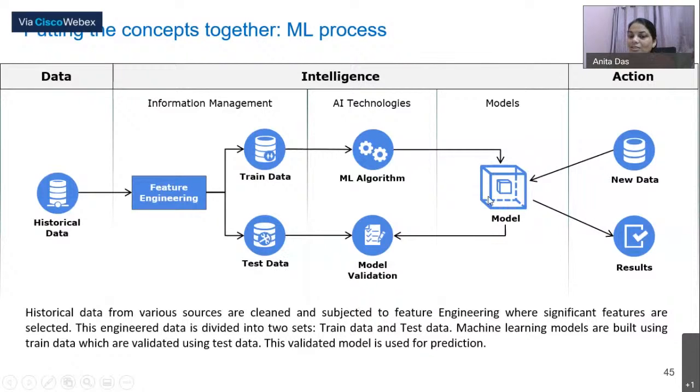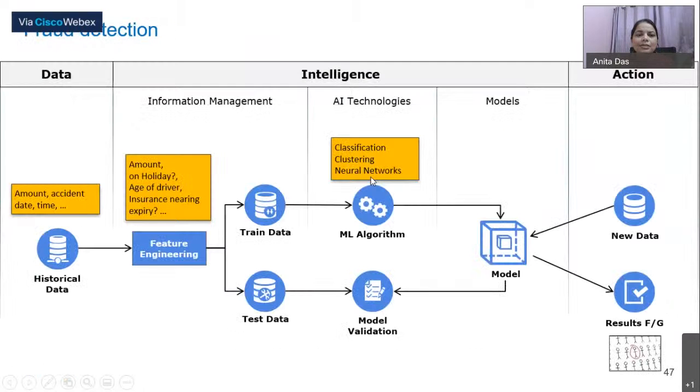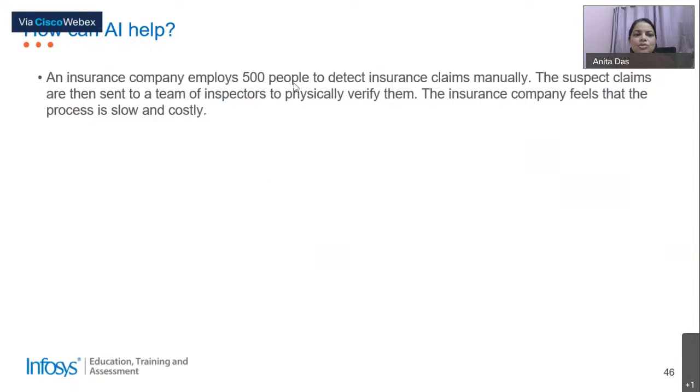Then we see the accuracy of the model, whether the model is good or not. Once we validate our model and are happy with the performance, we can deploy it, in the sense that new data can come in and the model can predict for us. This is how the process works. For example, maybe in an insurance company, 5 people detect insurance claims manually.